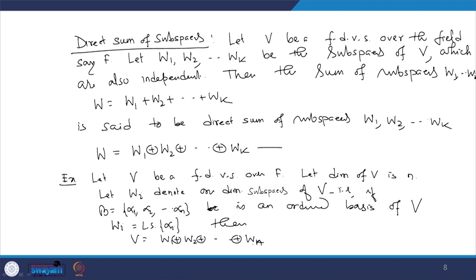This is a very trivial example I have taken. If V has dimension n, and I consider an ordered basis alpha 1, alpha 2, alpha n, then the subspace span of alpha 1 I denote W1, span of alpha 2 I denote W2, and in general the subspace spanned by alpha i only is Wi.